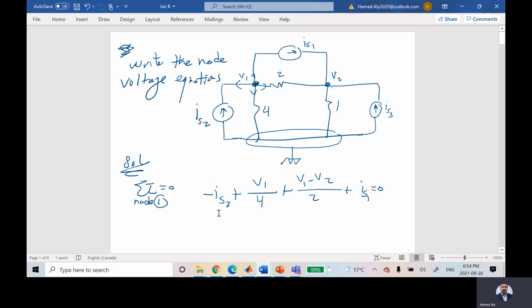So this part is representing this current. This part is representing this current. This part is representing this current. And this guy is representing the current here.